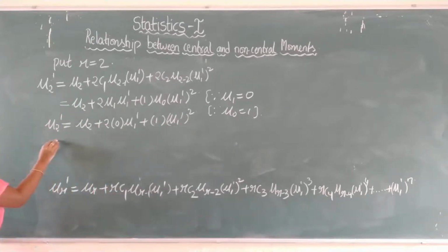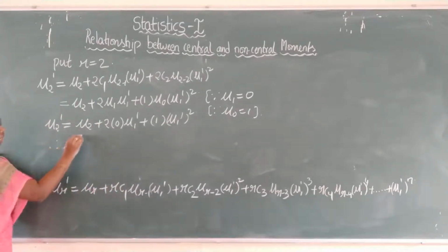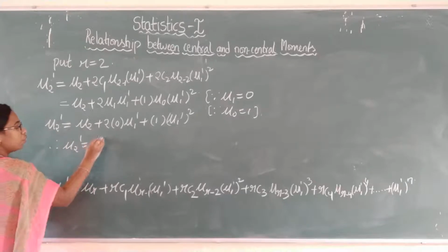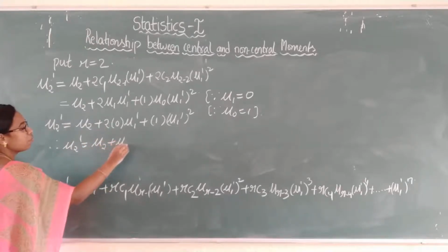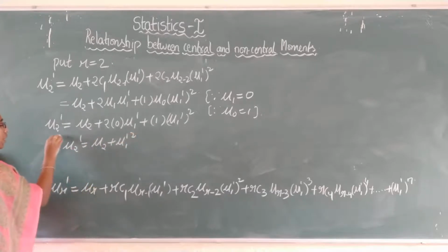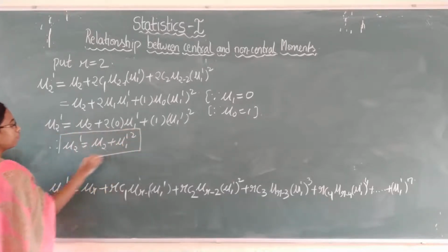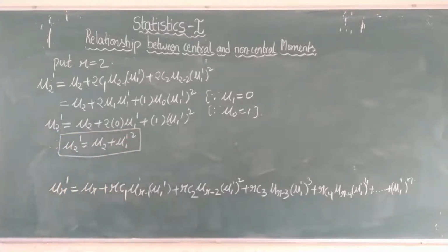So therefore mu2 dash is equals to mu2, 0 into anything is 0, plus mu1 dash whole square. So this is the mu2 dash, that is the non-central moment in terms of the central moments. Now we are going to put r equals to 3.